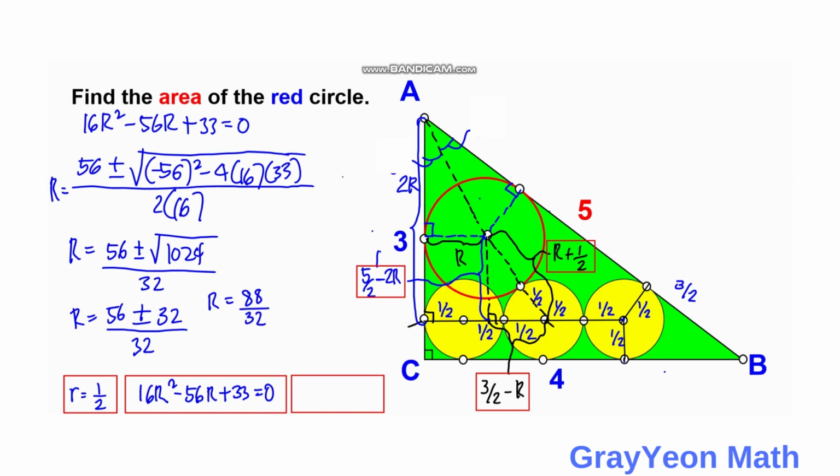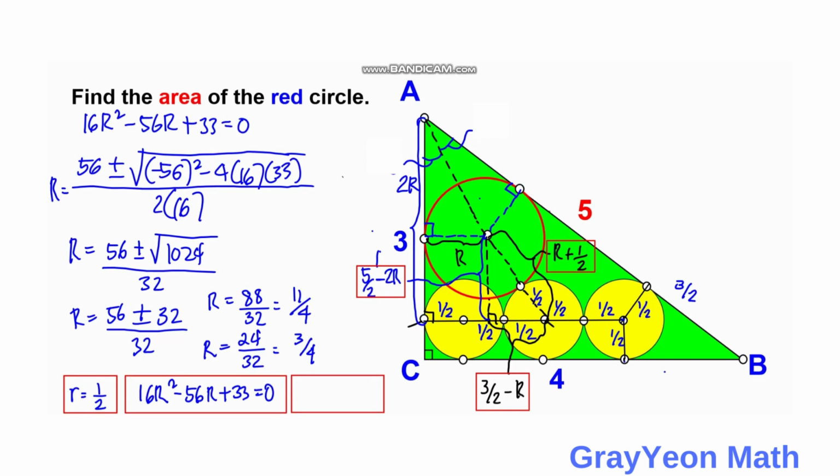For the other solution, 56 minus 32 is 24, so r is equal to 24 over 32. If we simplify, this becomes 11 over 4, and for the other one, divisible by 8, 3 over 4.